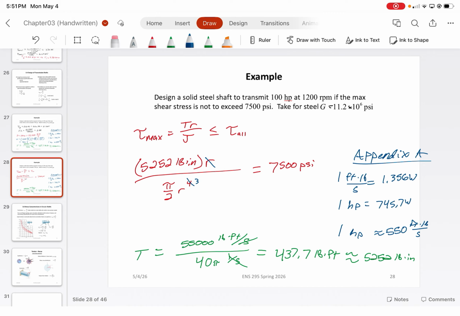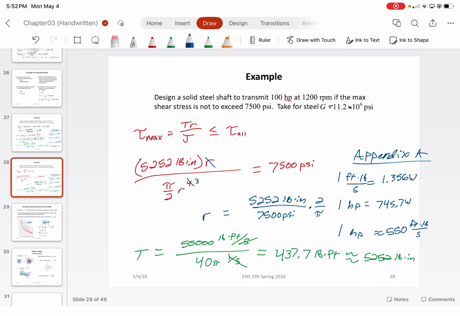The r's cancel, so that becomes r cubed. And what we end up with is r cubed equal to 5,252 pound inches divided by 7,500 psi multiplied by 2 over pi.